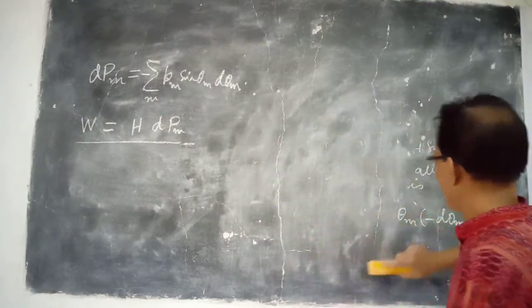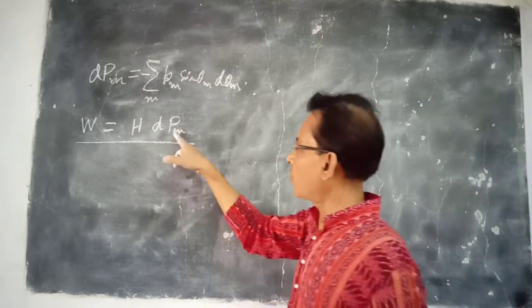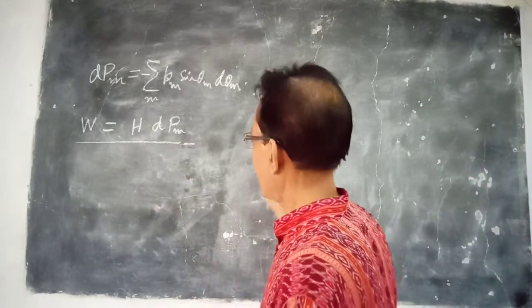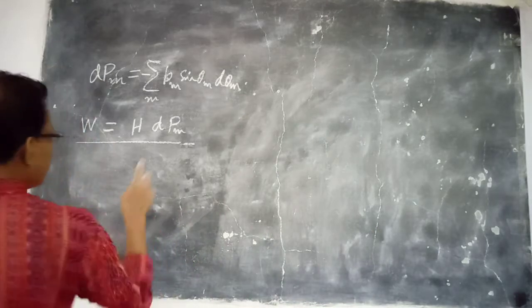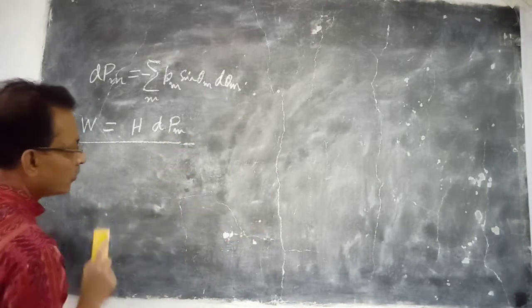Now, initially suppose our value of intensity of magnetization was PM1, and we want to increase the value to PM2.